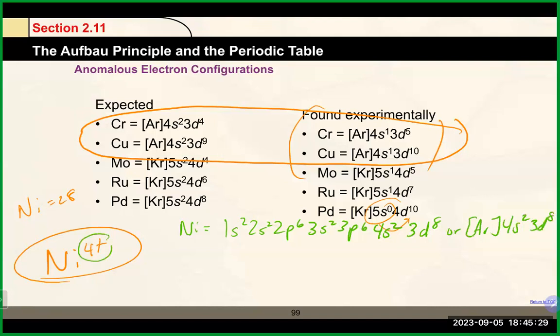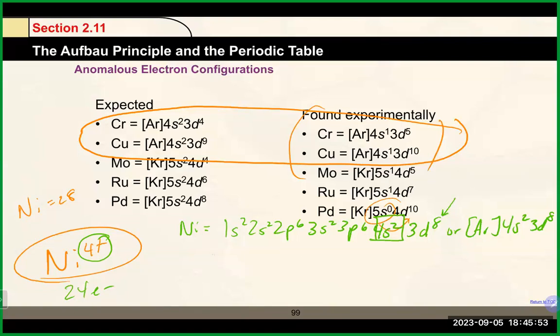Now, nickel with a +4 charge means that it has lost 4 electrons, which means this guy here has only 24 electrons. Because this is a transition metal, we are going to take 2 electrons from the s because they should be really higher in energy and being lost first. That also means that we do need to actually take a couple of electrons out of there as well.